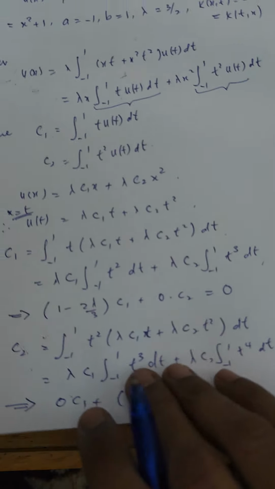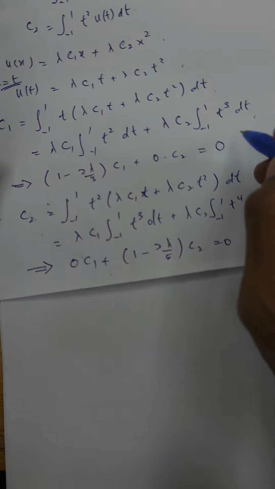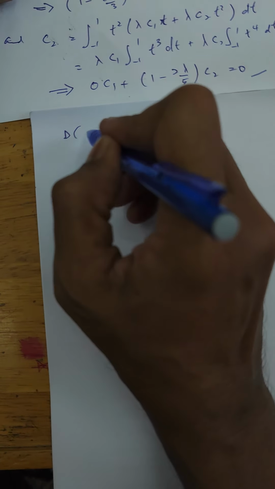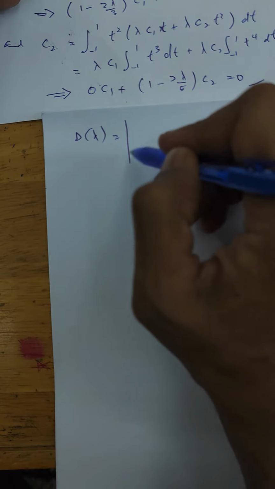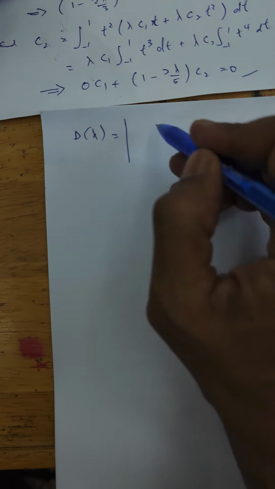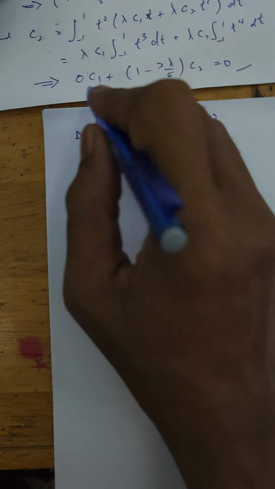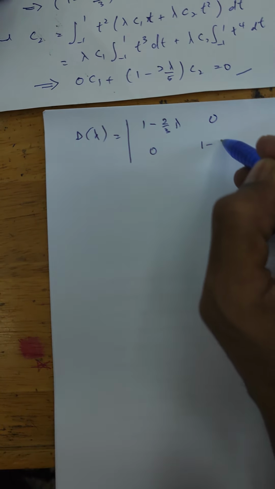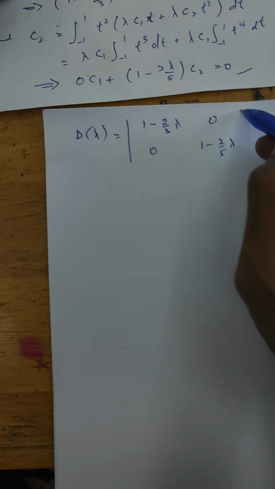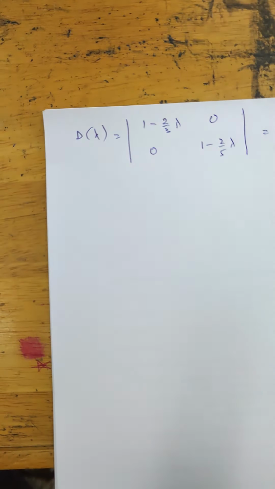So the determinant D(lambda) has 1 minus 2/3 lambda, 0, 0, and 1 minus 2/5 lambda, which gives 0.